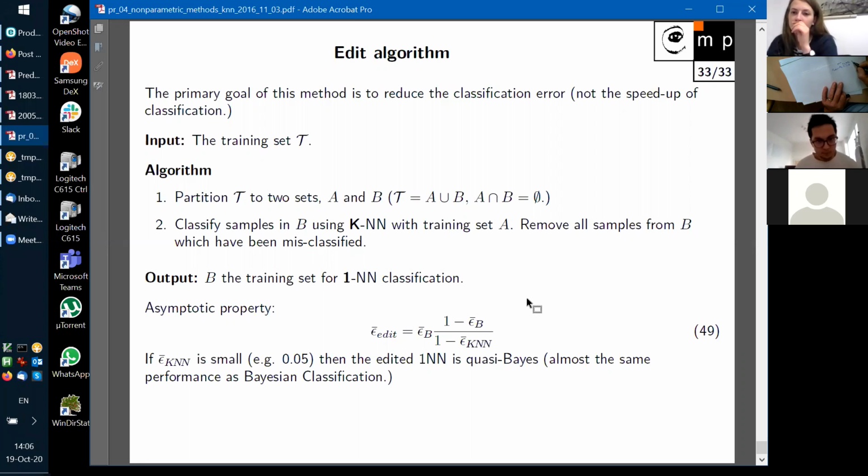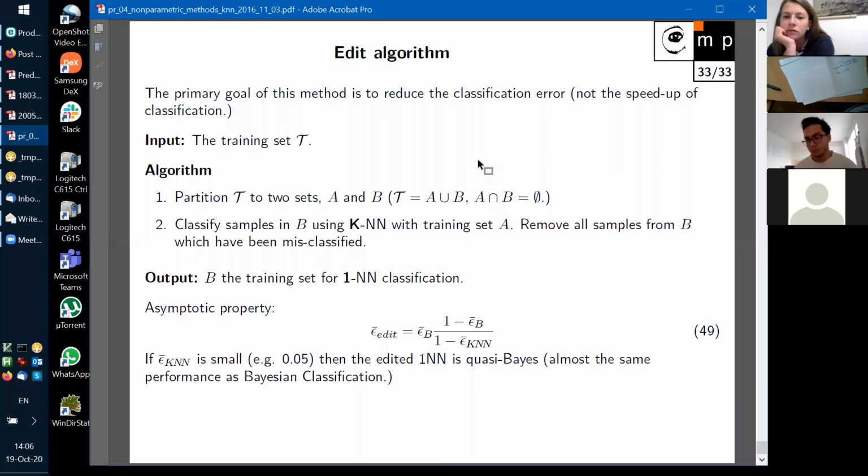So this is something like 98, 97. So before we said that the error of the nearest neighbor was possibly 2 times the error of Bayes. This is 1-NN, and the 2 now becomes 98 over 97. Yeah, so that's almost 1. So we reduced 2 to 1.1 or something like that.